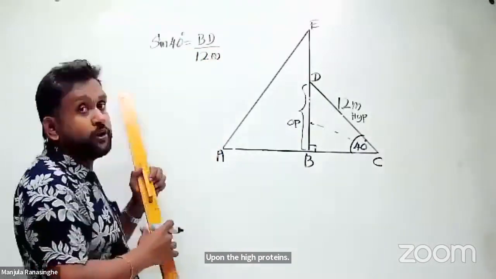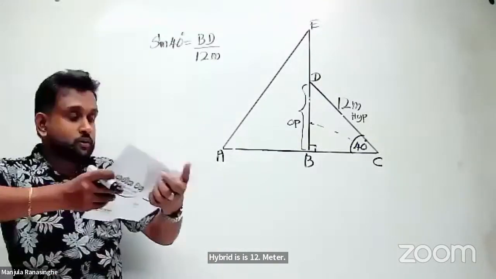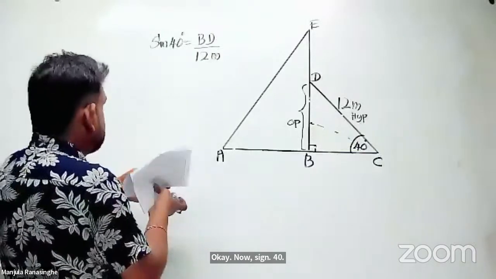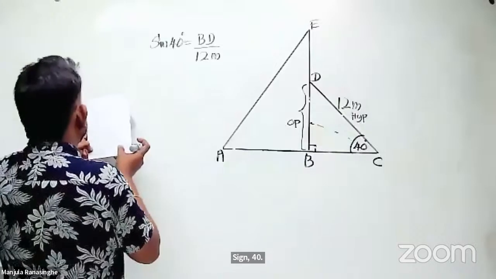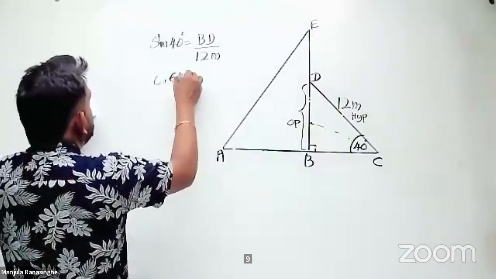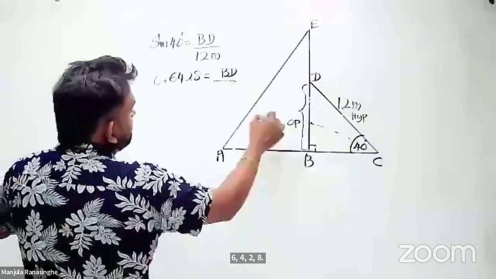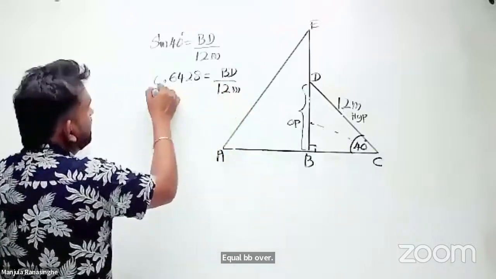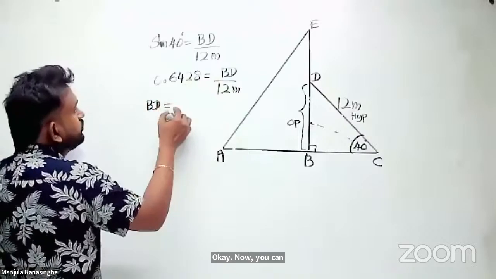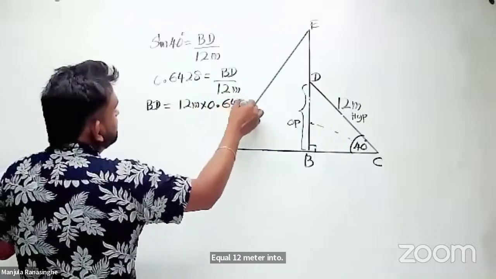Now sine 40 degrees means 0.6428, equals BD over 12 meters. Now you can cross multiply: BD equals 12 meters into 0.6428.